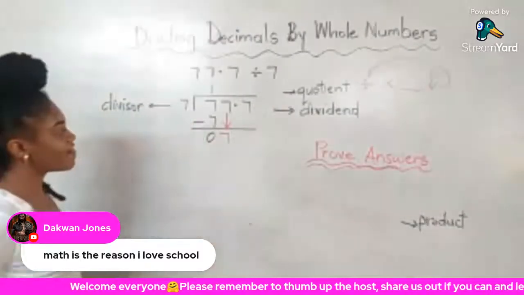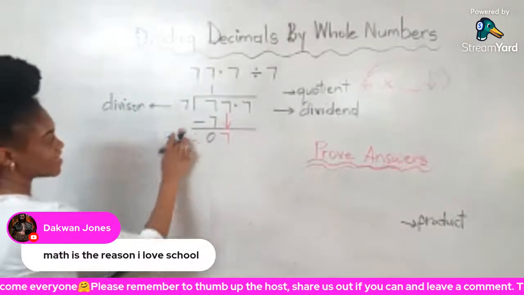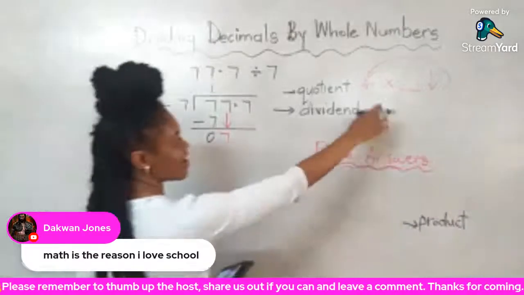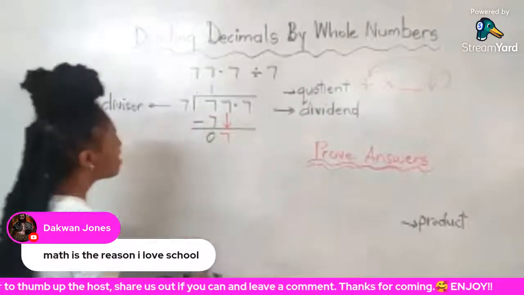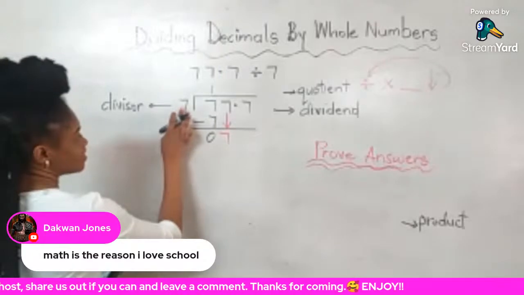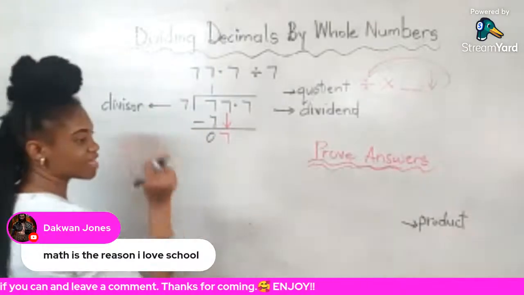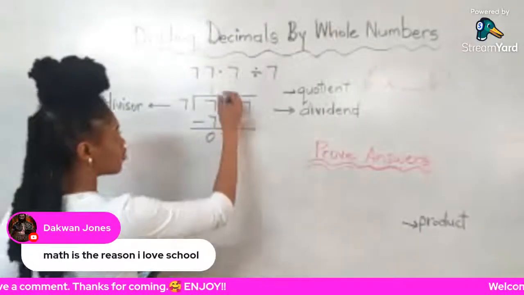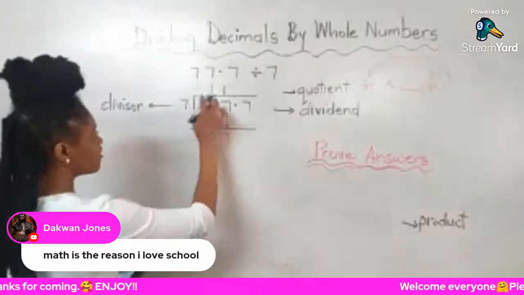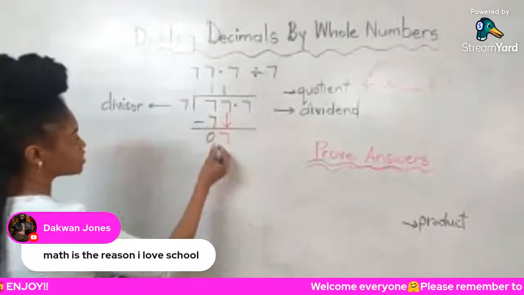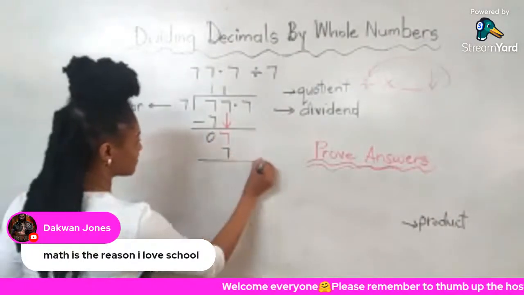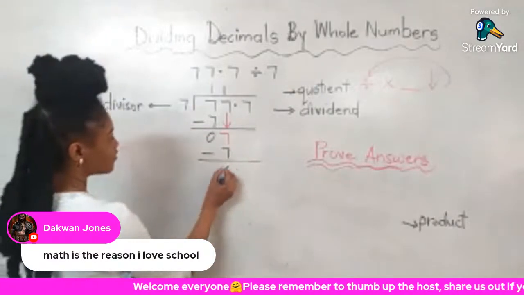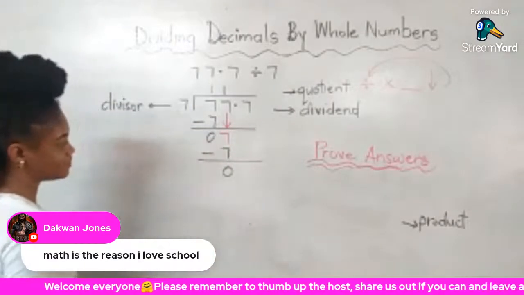How many groups of 7 can you get from 7? So remember, after dividing, you're going to multiply. You have 7 things. How many groups of 7 can you get? Of course, 1. 7 multiplied by 1 or 1 multiplied by 7 is 7. Take away, and of course, you have 0 right there.